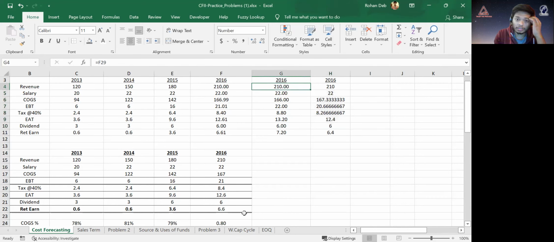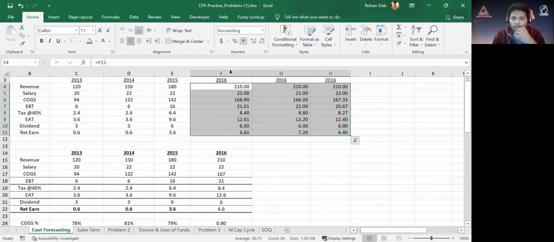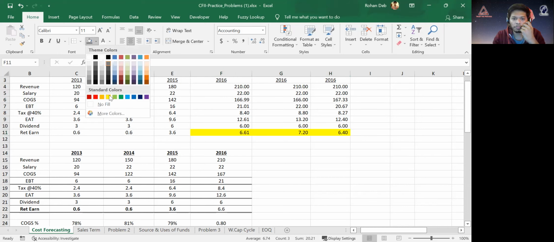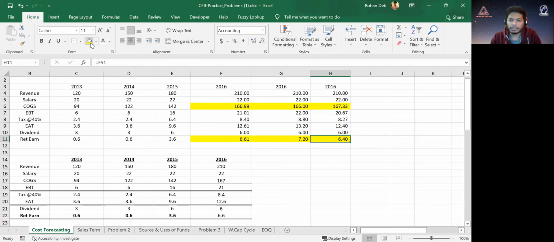Okay, now you can figure out on your own that using every method, these are the two values. Sales is the same. You can see the COGS is changing every year, because of which your retained earnings is different in each method. Whichever method is the most accurate is actually based on an assumption and on the way the sales changes.